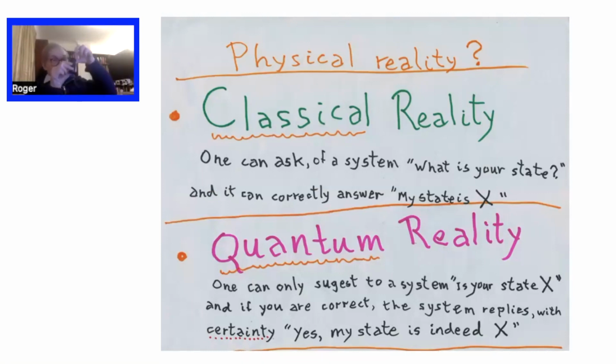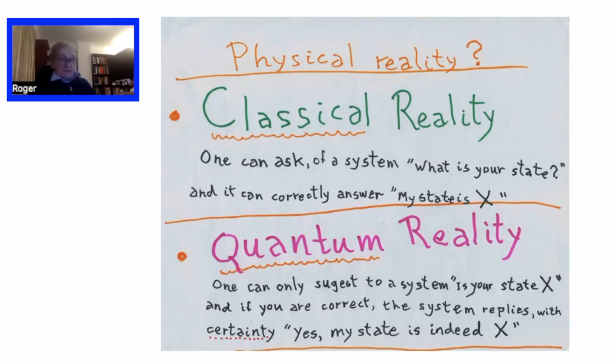And it says, okay, well, I've got a sort of round top, and then I've got a length here, which is about 4 times the diameter of the top. And it's fairly cylindrical in shape, a little bit of a kink in it here and there. Okay, it can describe what it's like. So that is classical reality. It's sort of fixed in this definite way. You can ask it what it is, and it can tell you what it is. It says, my state is X. So that's classical reality.